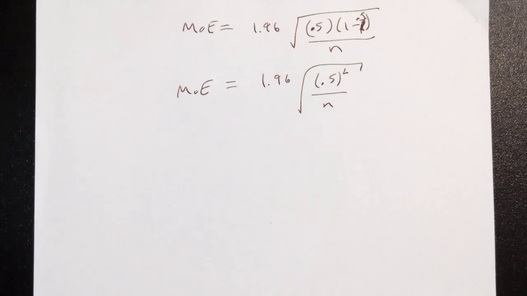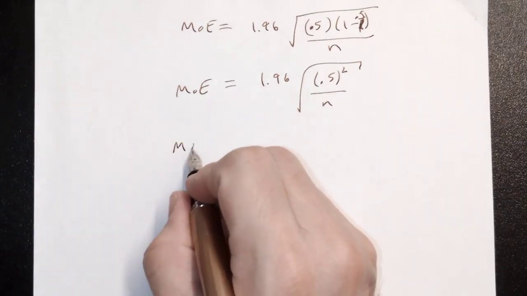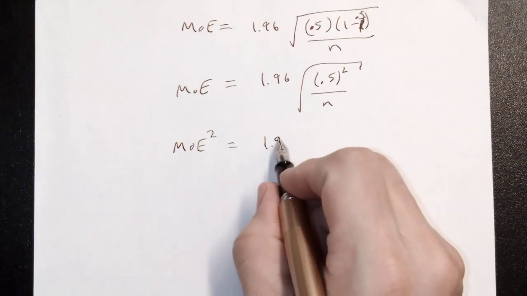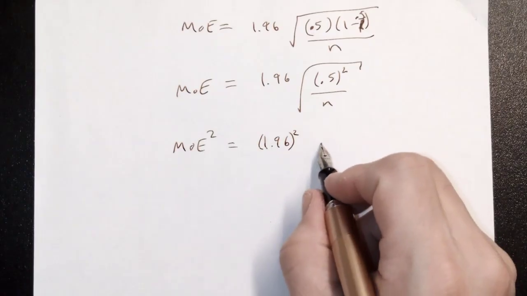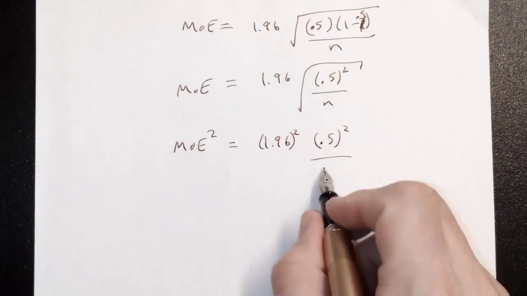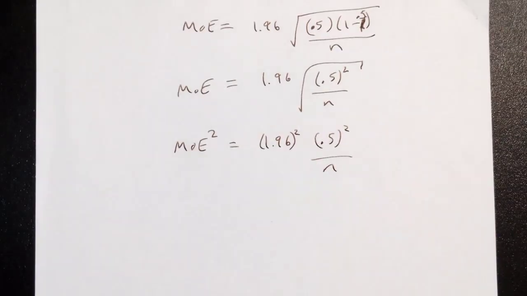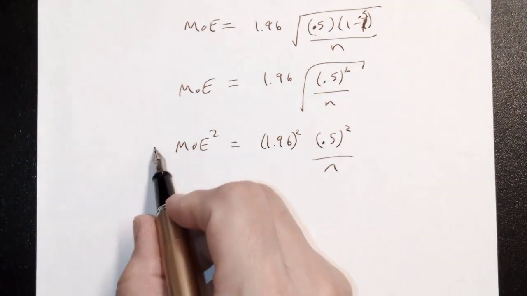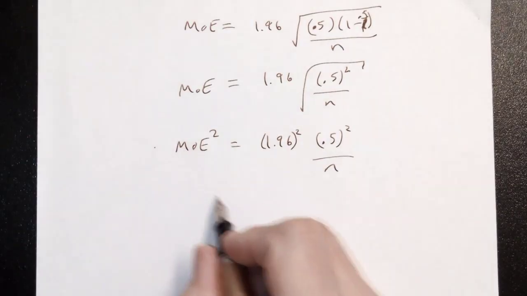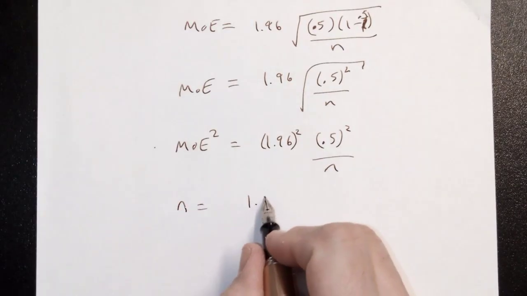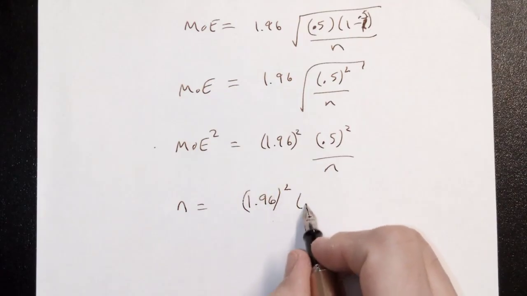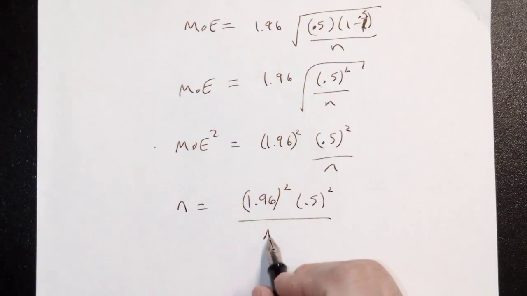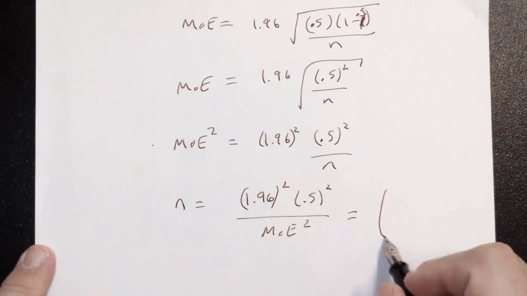So let's square both sides. And now I put the n over here by multiplying, and I divide by the margin of error squared. And then I notice everything in that fraction is squared. If everything is squared, I can pull that square outside.